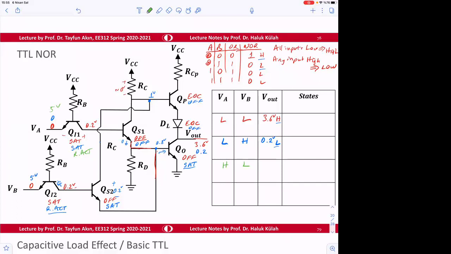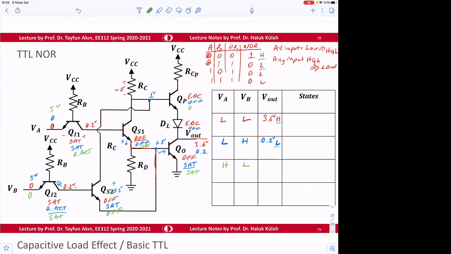Now this one is going to be SAT, and then this will also be SAT. But this one is going to be 0 volt. So if this is 0, this is going to be SAT, and then therefore this will also be off. Okay, so the colors are helping us.